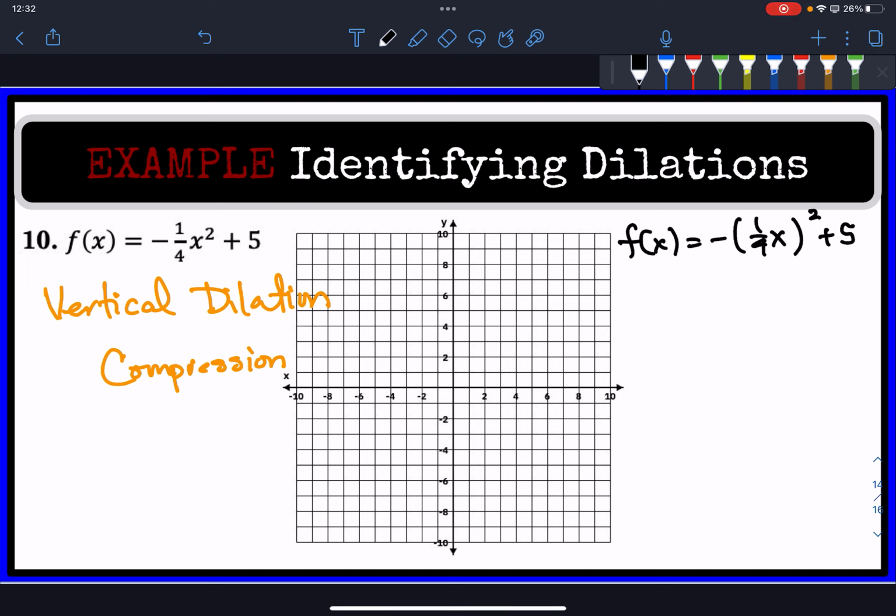And because we're multiplying by 1/4, a number less than 1, it's going to cause the opposite effect, and it's going to stretch it. So over here, our scale factor is 1/4, and over here, our scale factor is going to equal the reciprocal of this, which is 4.